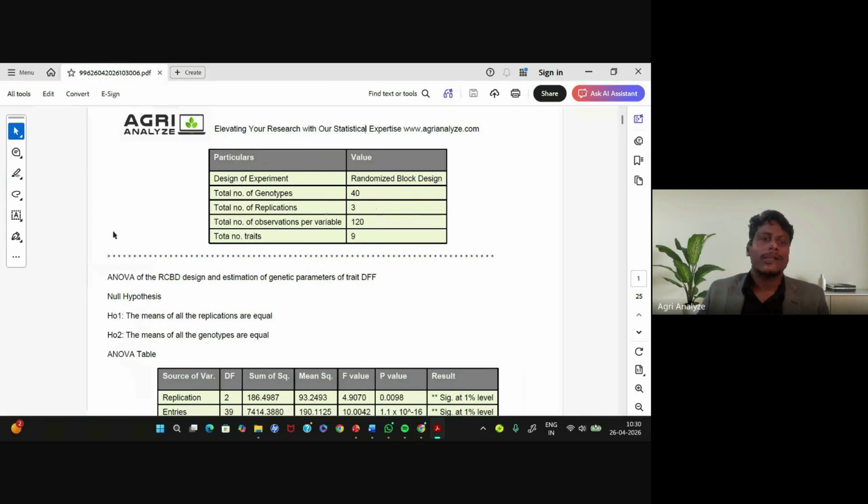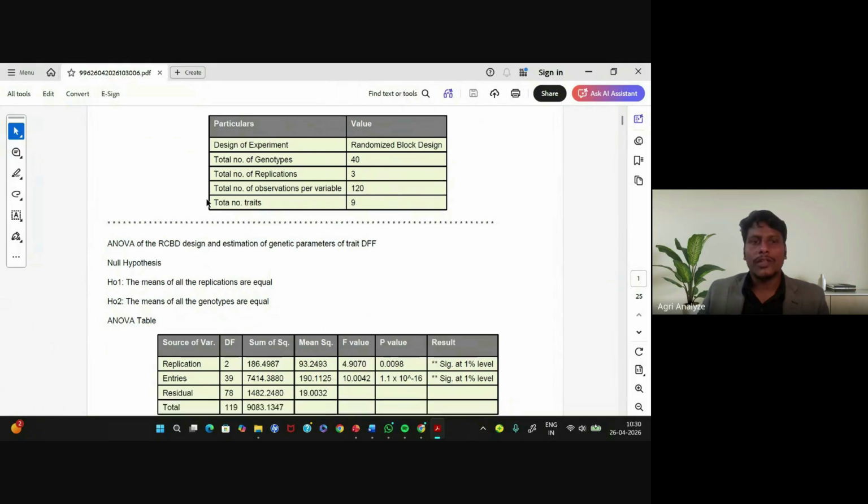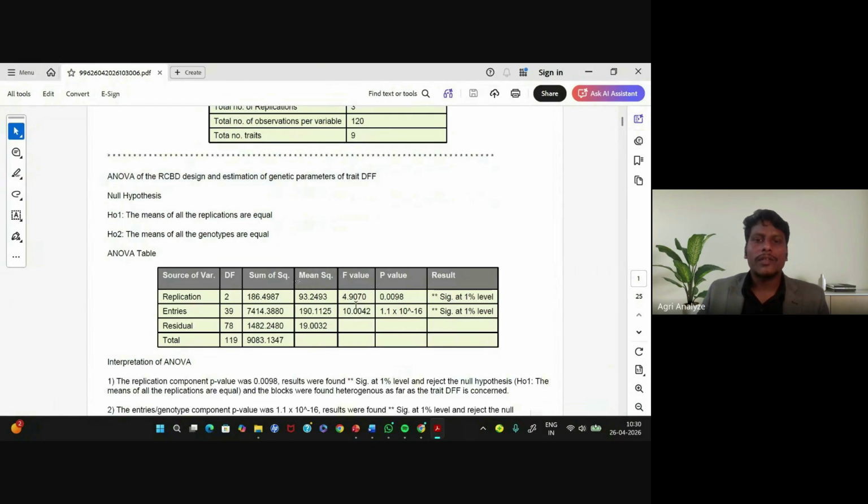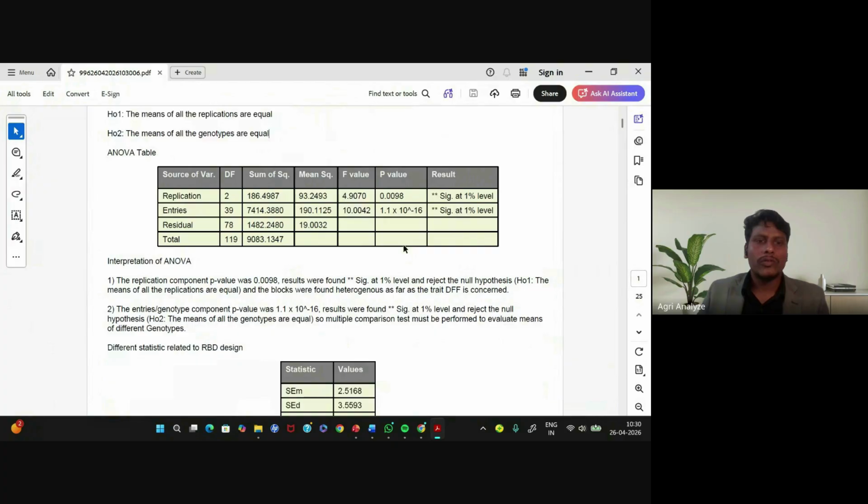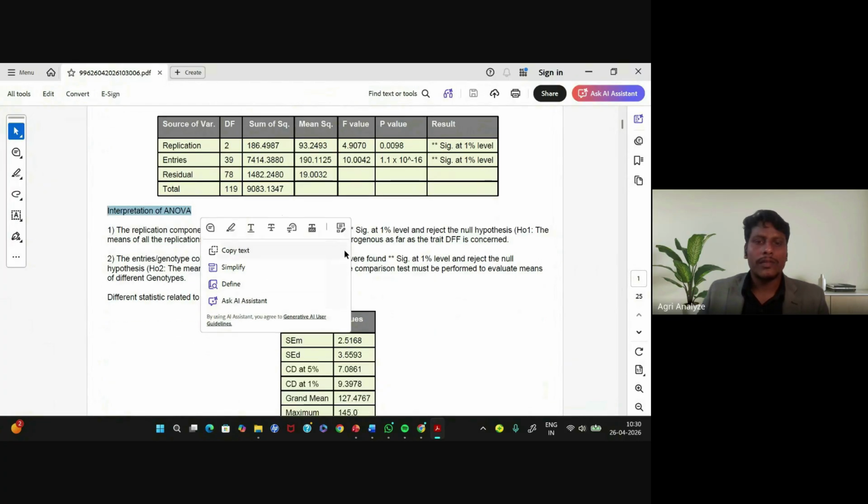This is the interpretation output data. Here is the ANOVA table of this character, days to first flowering. This is the ANOVA table, and here the p value and the interpretation of the ANOVA table.